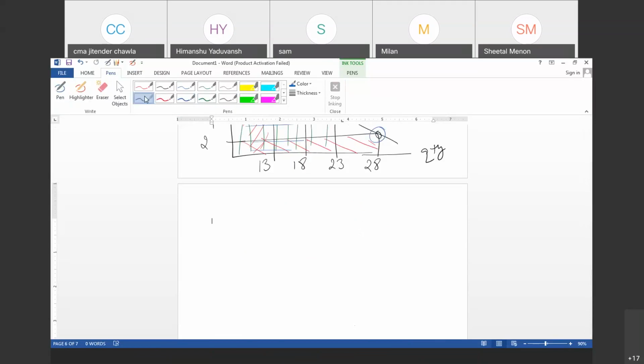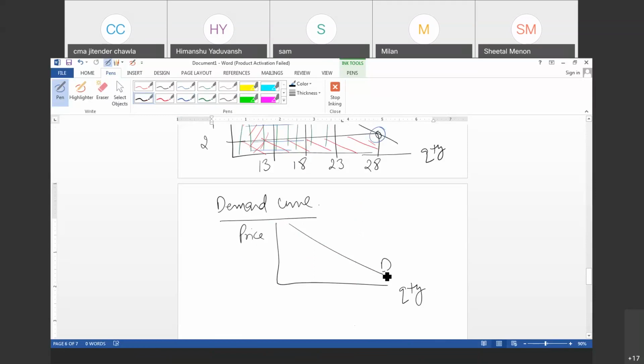Okay, so we move to the next topic, demand curve. Here generally the price of a commodity is taken, here the quantity is taken. This one is called the demand curve, right? What can you say about the slope of the demand curve? It is upward or downward?